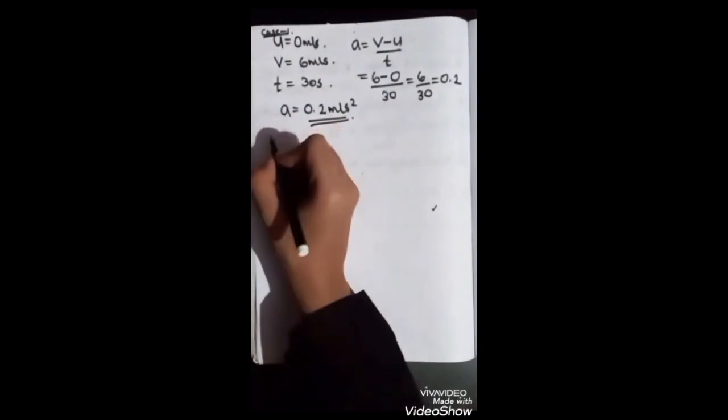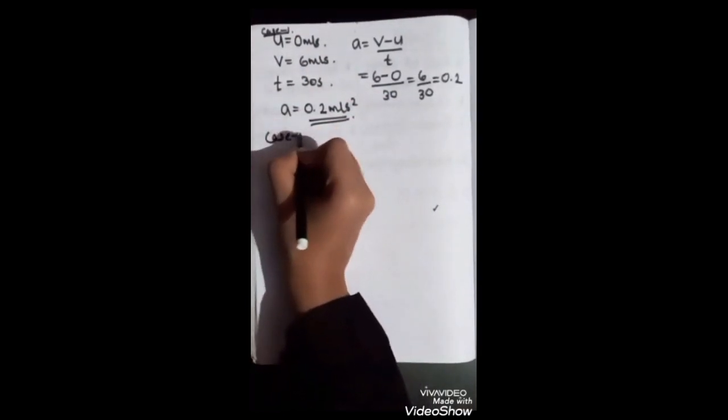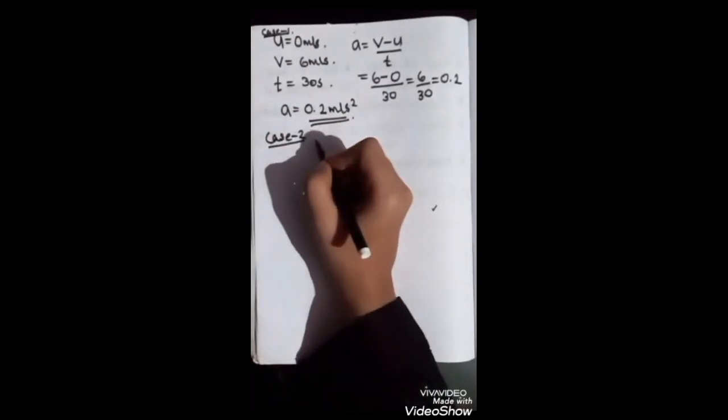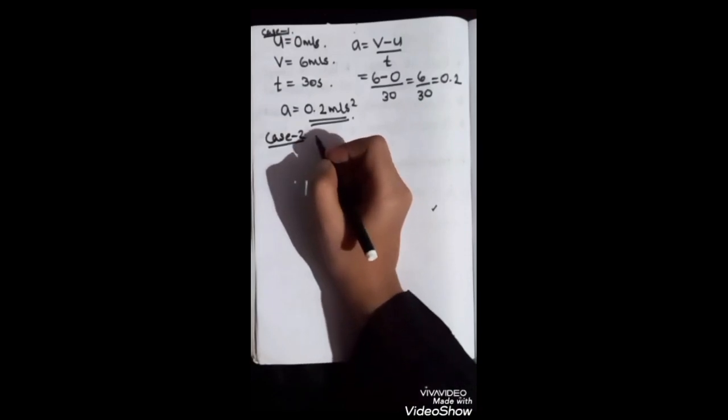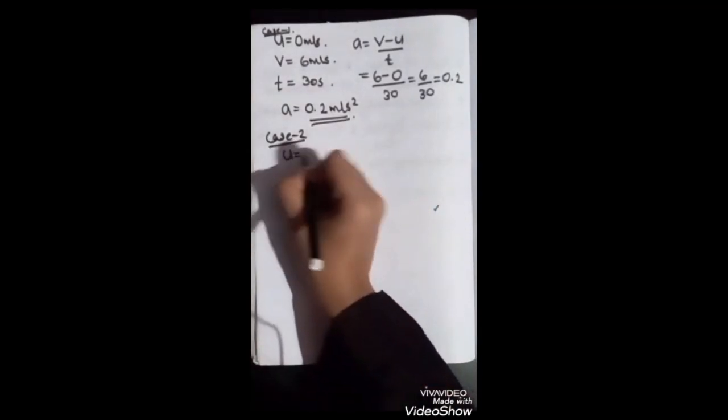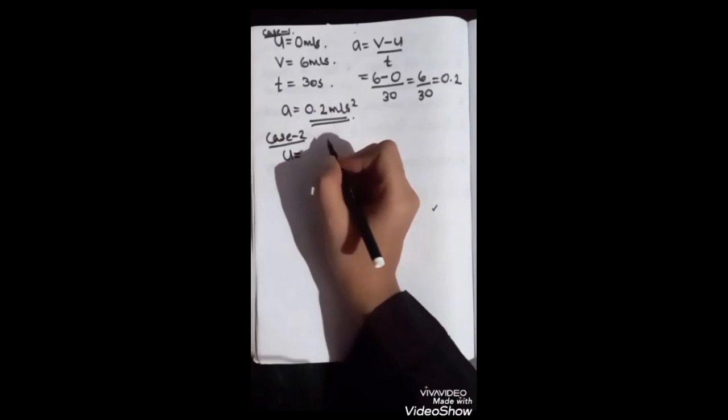In the second case, he applies brakes such that the velocity of the bicycle comes down to 4 meter per second in the next 5 seconds. Here the initial velocity u is equal to 6 meter per second, before applying the brake.